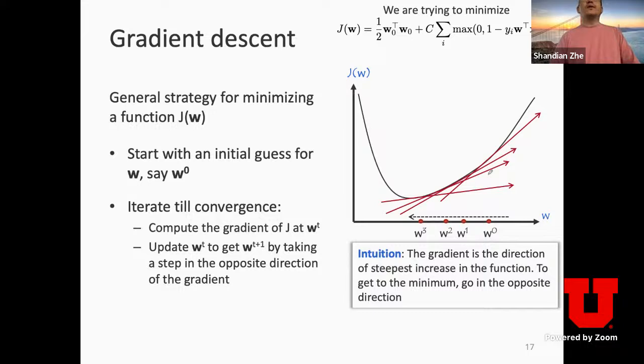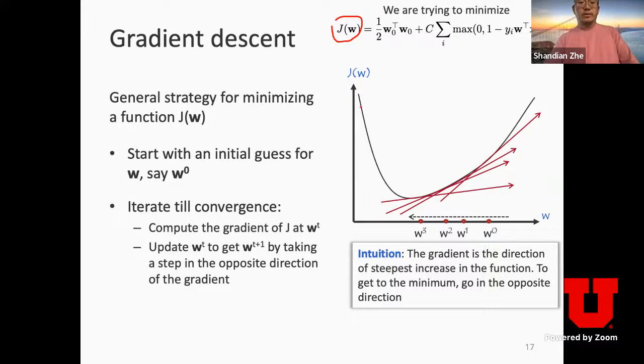Any questions so far? G of W is just the objective function. You want to minimize this objective function with respect to W. Does it make sense?